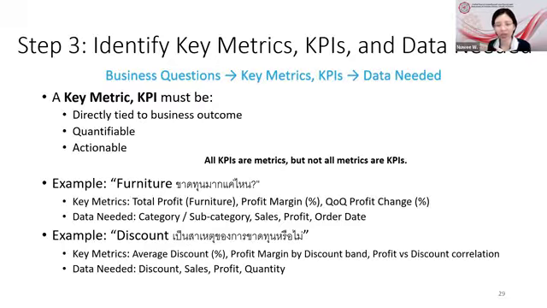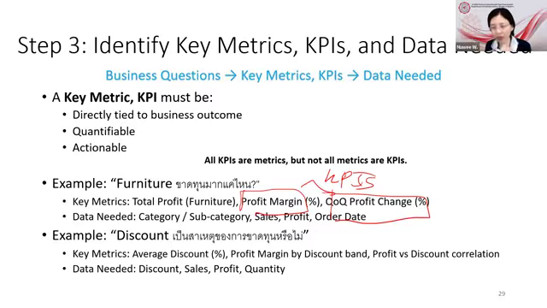The metrics related to this question are category furniture, total profit, profit margin, or maybe quarterly profit change. So these are key metrics. But from these, maybe only profit margin and quarterly profit change are the KPIs. Not all of the metrics are KPIs.